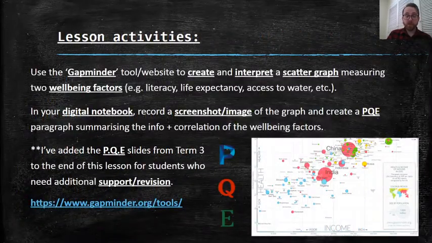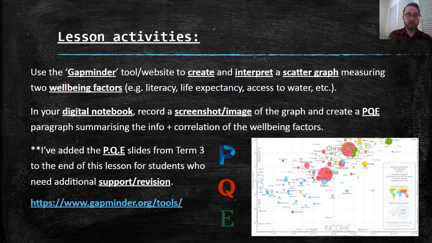So what we're doing this lesson is using the Gapminder tool website to create and interpret a scatter graph measuring two well-being factors. So connecting to what we've looked at over the past couple of lessons, human well-being, you're going to be looking at two well-being factors of your choice. I've given you a few examples, so literacy, life expectancy, access to water, etc. And then you're going to use Gapminder to create the graph.